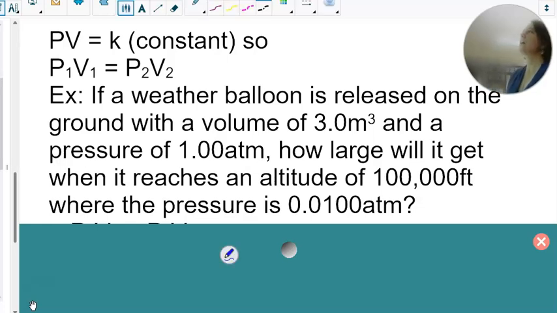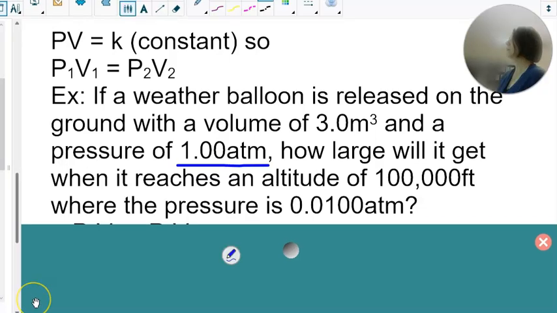So looking at our problem, we know pressure. So let's see. There's my pressure. So let's see if it's on the ground. That's going to be the initial pressure. And then we see another pressure, and that's going to be up in the air.